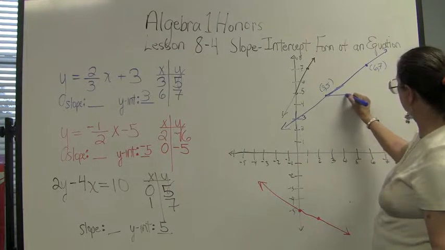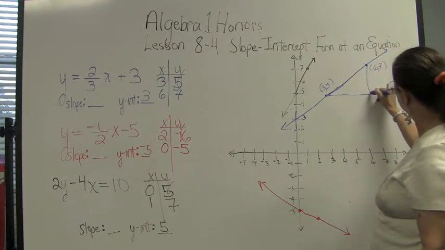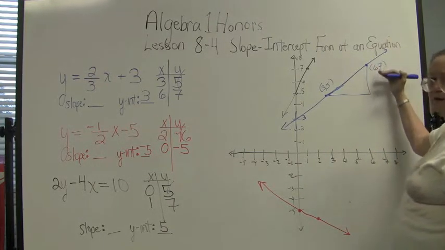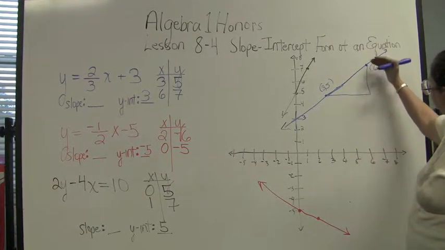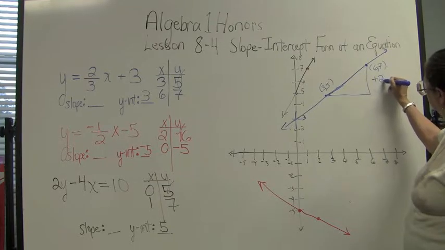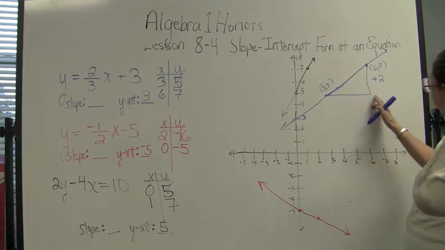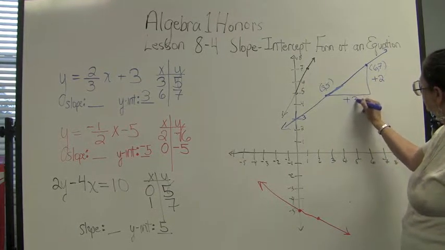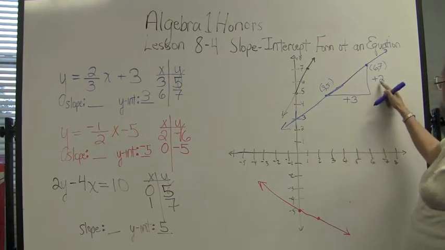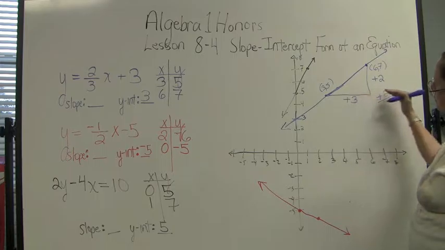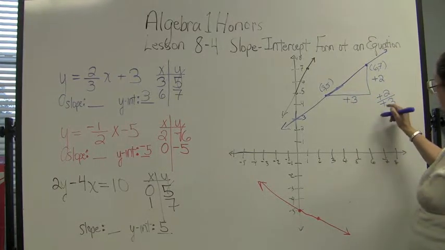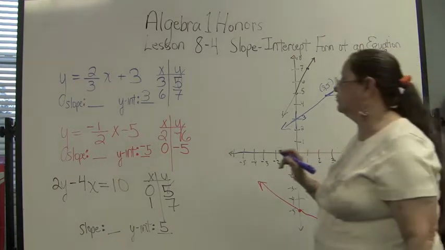So to do our slope, we have to do the rise over the run. So we went from 5 to 7, that's up 2. And we went from 3 to 6, that's over 3. So our slope is up and down, plus 2, over horizontal, plus 3, or positive 2/3.